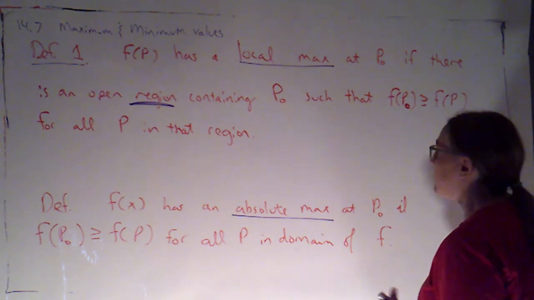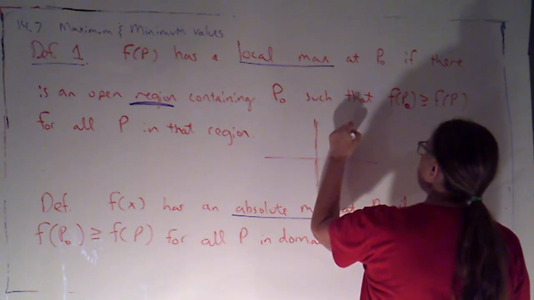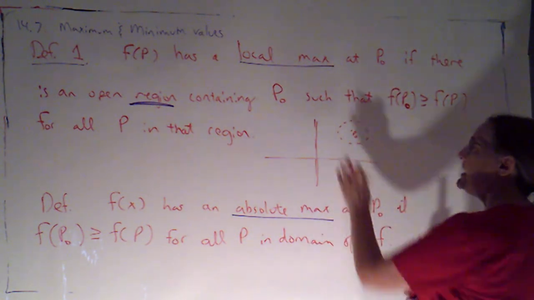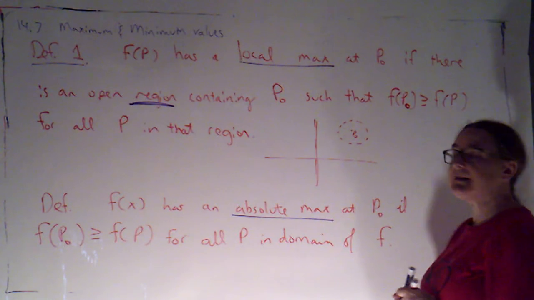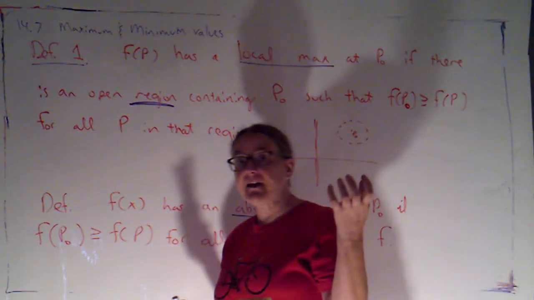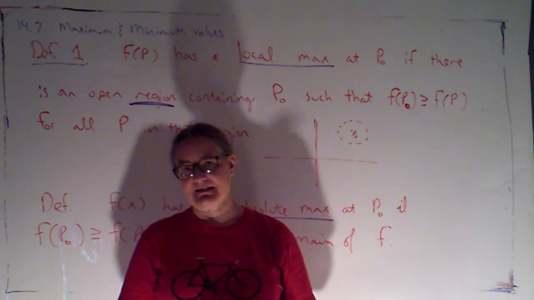So if I did have a function of two variables, and here's my p naught, and there's some lovely open disk, if I applied the function to points in that disk, the function evaluated at p naught would be higher than or the same height as the other points in that disk.